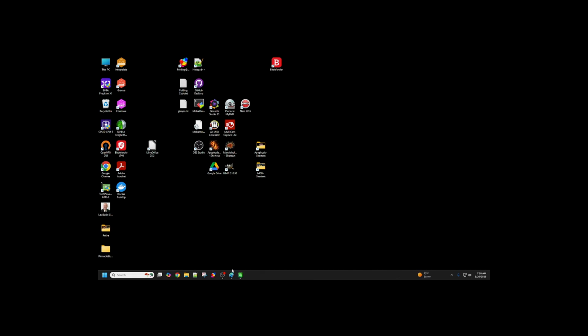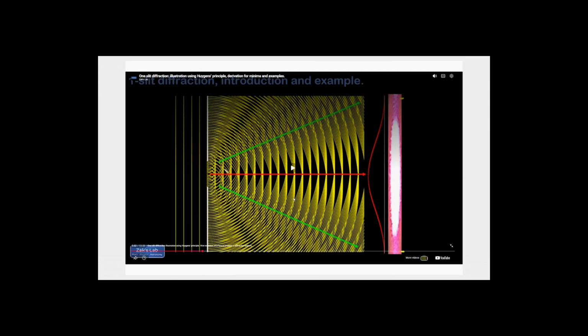I have a pretty good visual here from a YouTube channel called Zach's Lab, and I use this with his permission. Now this isn't exactly what we did, but it's called one-slit diffraction instead of putting a hair on a laser. This is just a single slit that creates these interference patterns.